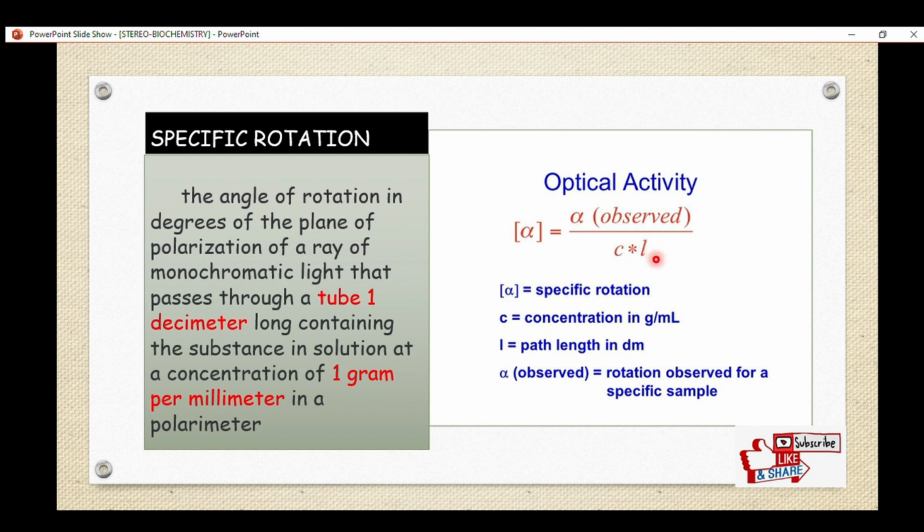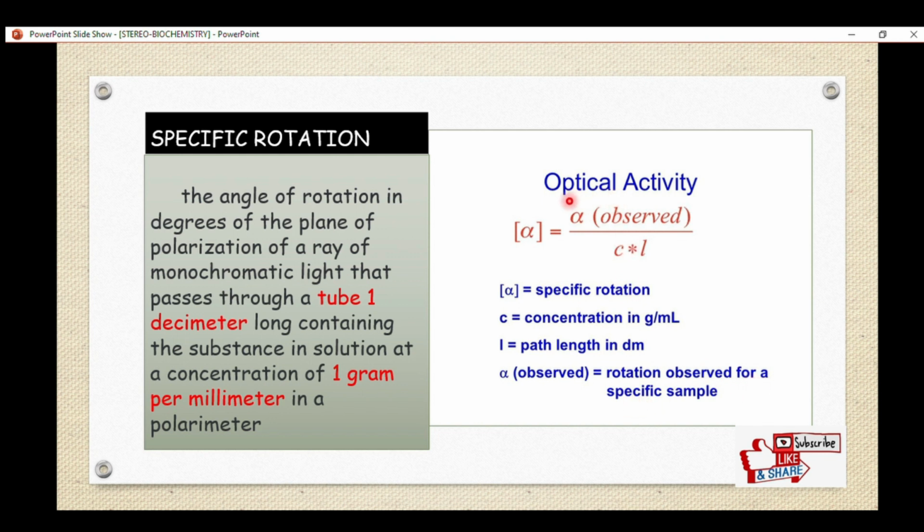If not, it's going to be wrong. And the L is the path length, also recorded in dm, that's 1 decimeter. The conversion is 10 cm is equal to 1 decimeter. And the alpha here is the observed rotation, the rotation observed for a specific sample.